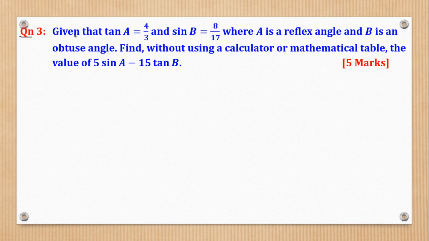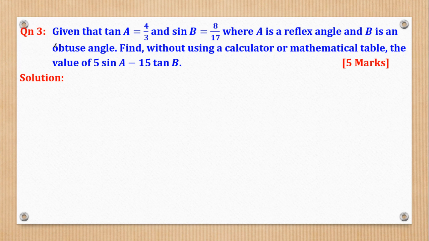Then question 3 says, given that tan A is this and sin B is that, where A is reflex and B is an obtuse angle, find, without using a calculator or mathematical table, the value of this. So one, we need to get sin A and also get tan B. The first thing to do is to identify the quadrant.